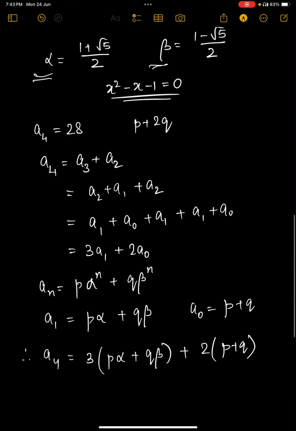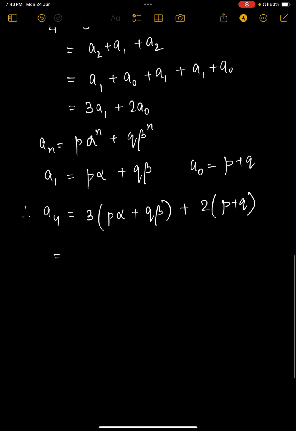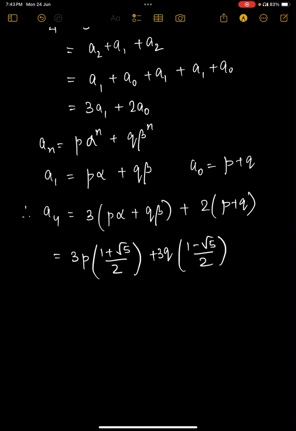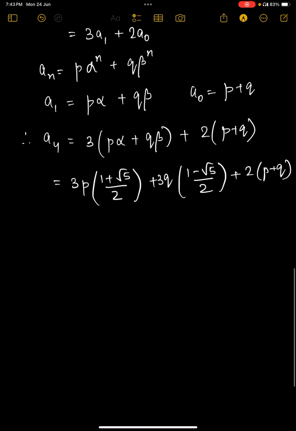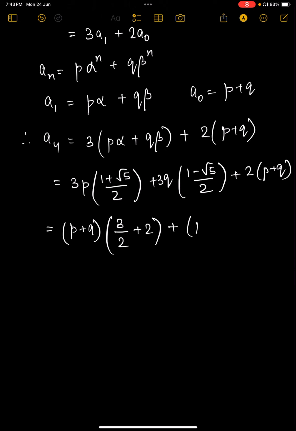We have already found them out. So we'll just substitute those values here and we have 3 into p into 1 plus root 5 by 2 plus q into 1 minus root 5 by 2, plus 2 into p plus q. We'll just rearrange the terms again, and we have p plus q into 3 by 2 plus 2, plus p minus q into 3 root 5 by 2.